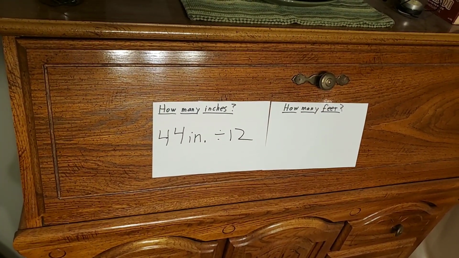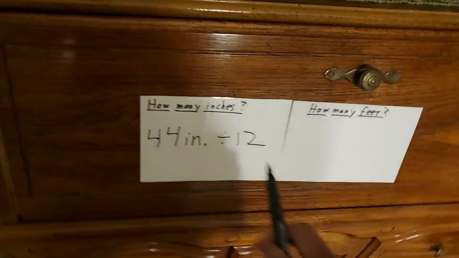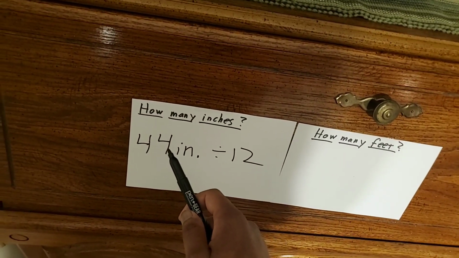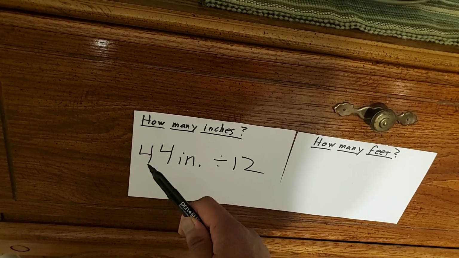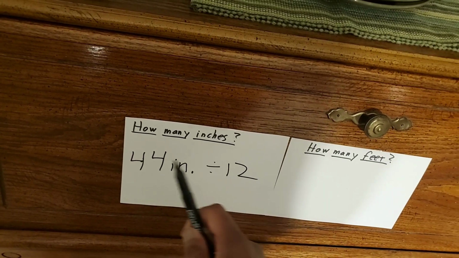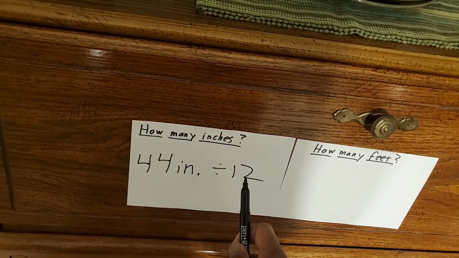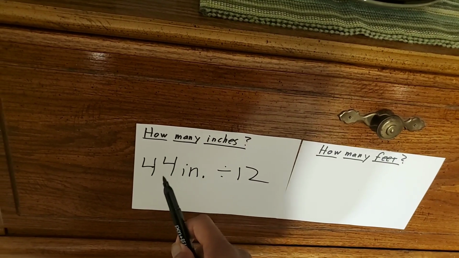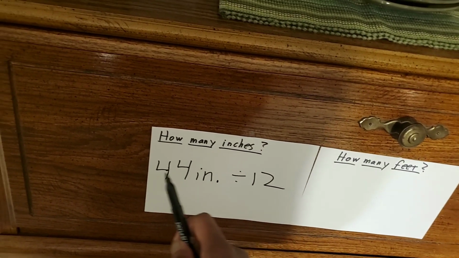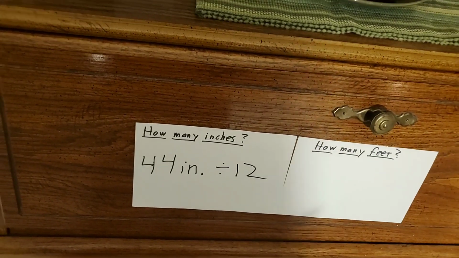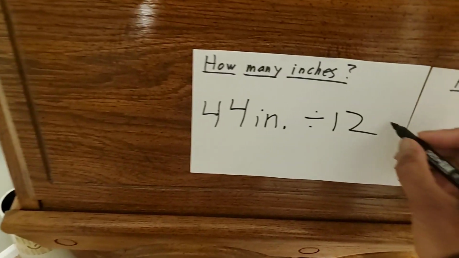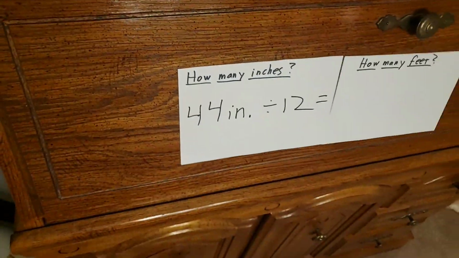So what's 44 inches divided by 12? We're taking these 44 inches and breaking them up into feet, since 12 inches make a foot. So let's go ahead. What is 44 divided by 12?